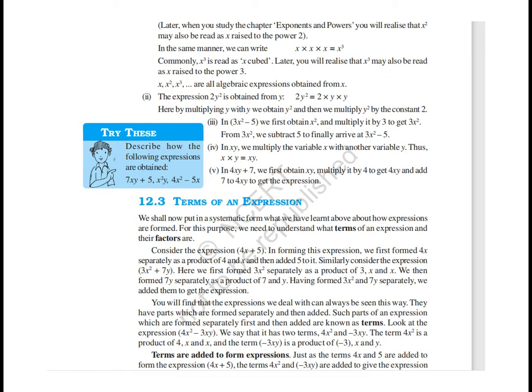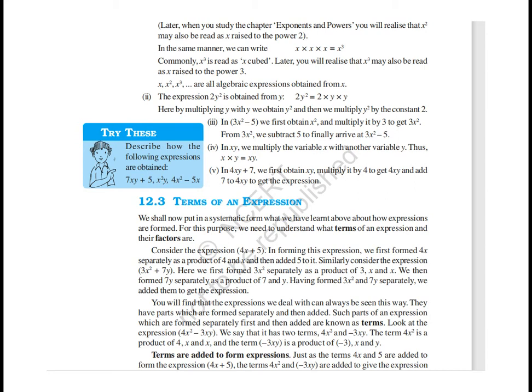The first term is 4x, which is made of two factors, 4 and x. 4 into x is 4x, right? So the product of 4 and x makes 4x, the first term of the expression. Then an arithmetic operator, addition, is used. Then the second term is a constant, that is the number 5.